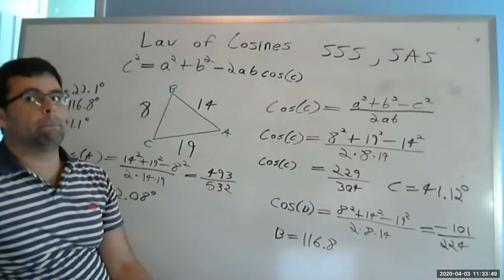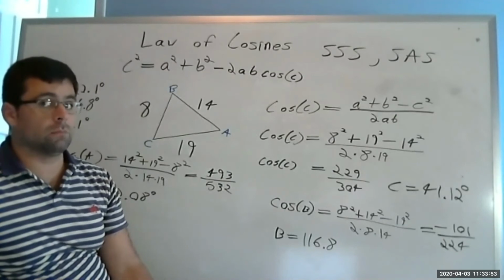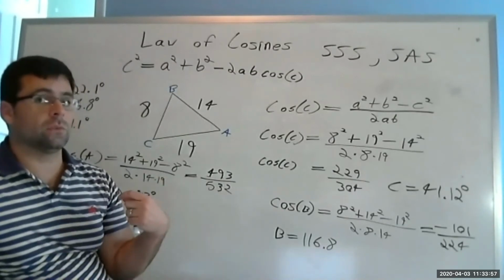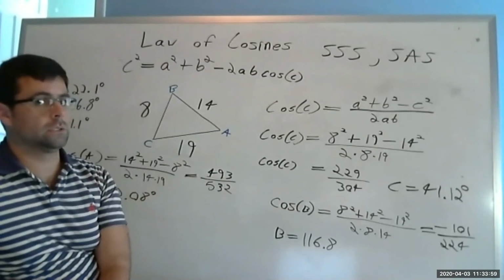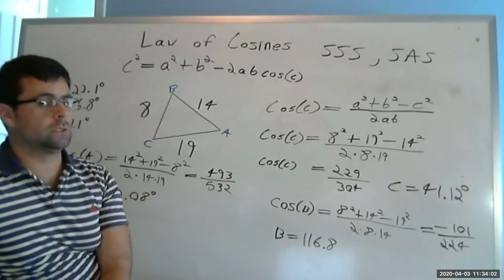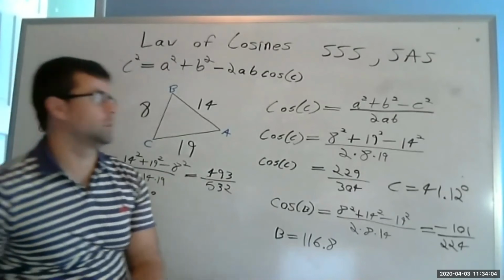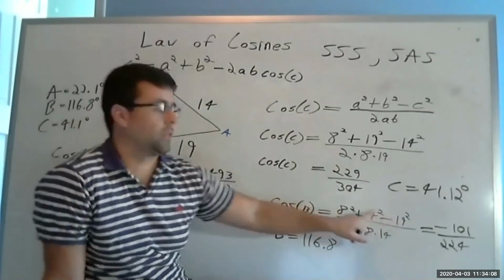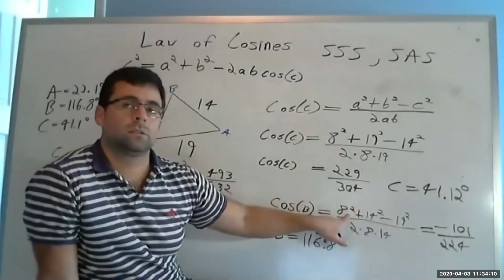Like, what do the sides reflect on the angle? Okay, you could say that. You can only get a negative if what about the sides? So it can only be negative if this one is bigger than both of these squared.